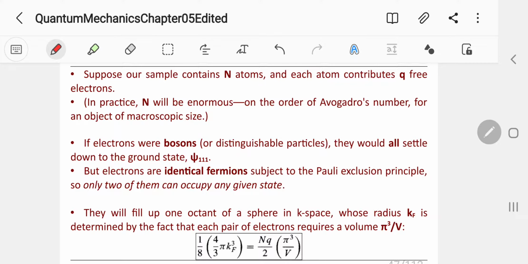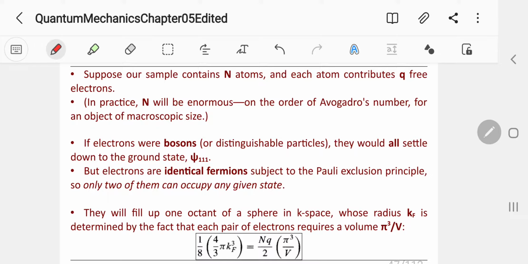But since electrons are identical fermions, they are distributed uniformly throughout the volume. But again, as identical fermions, only 2 electrons can occupy the same state. So only one spin up and one spin down electron can occupy a given state.